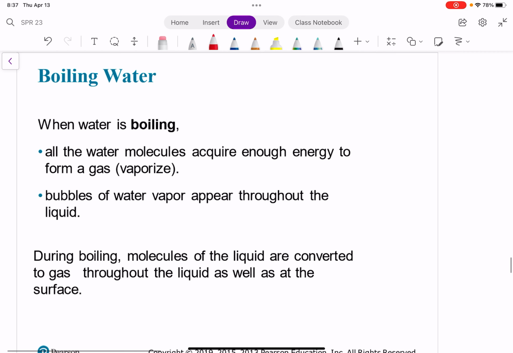Okay, boiling water. When water's boiling, all the water molecules are gaining enough energy to form a gas. So they're vaporizing, and the bubbles of water vapor are appearing throughout the liquid. You've seen that happen, right? When you're boiling any water, you see the bubbles forming, and then you see some steam, and they're even kind of popping at the top.